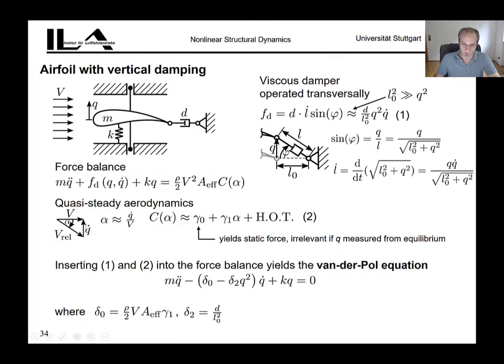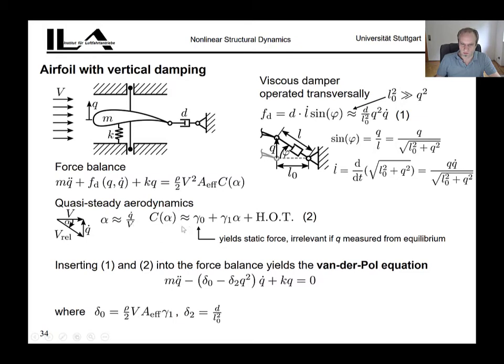We have a vertical velocity q dot, and a horizontal velocity of the inflow v, and this is the relative velocity that the airfoil actually sees. This alpha will be the effective angle of attack, and if q dot is small, we can approximate it by this ratio, q dot over v.